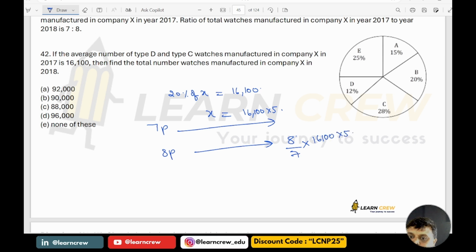So how much are we going to get? 7 23s are 161. Now 23 into 5, 115. 115 into 8, 920. So 92,000 is the answer.